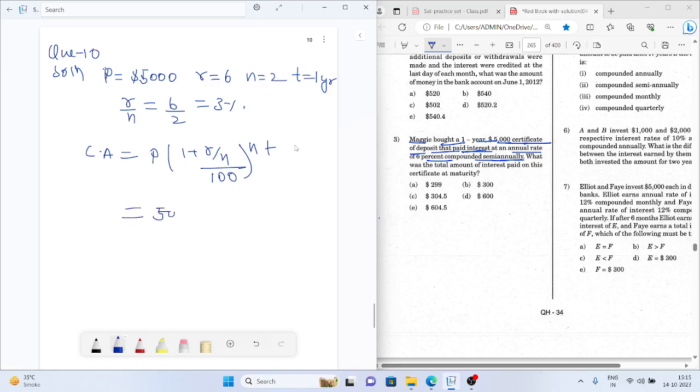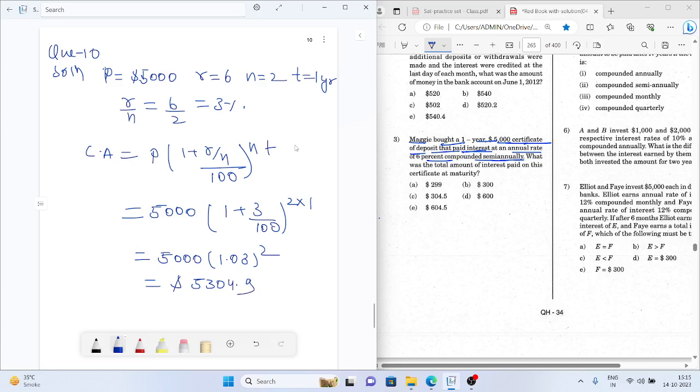So this is 5,000 times 3 by 100 plus 1, to the power 2.